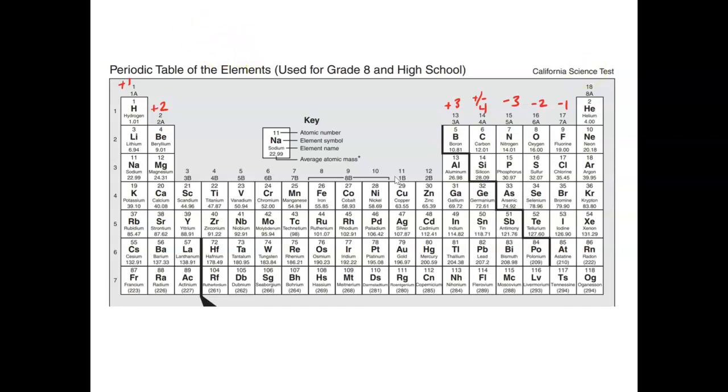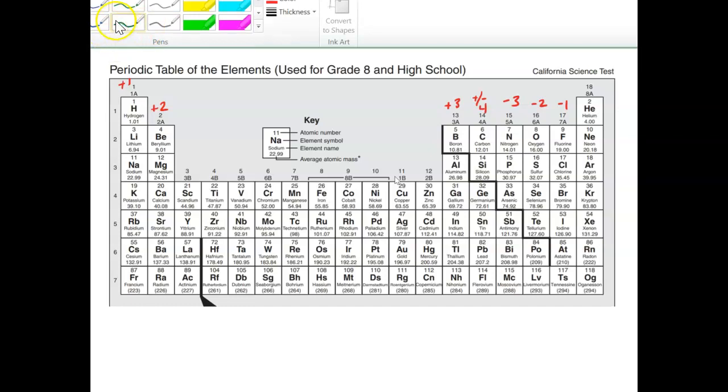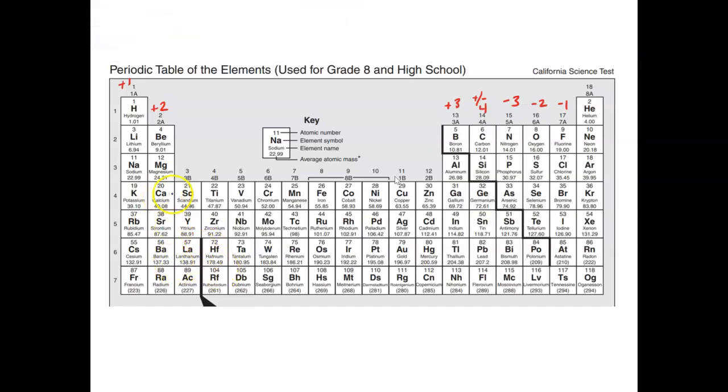So that brings about this central region over here that is very unique, and we call these the transition metals. There's a reason we call this region the transition metals, and that's because they transition in how many valence electrons they want to show. It all depends on the region that you actually find these metals from.